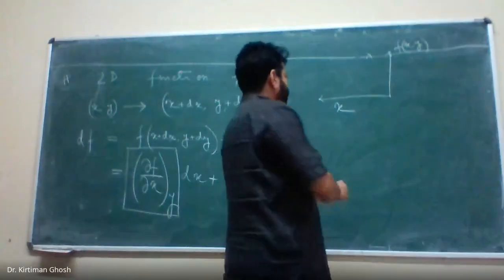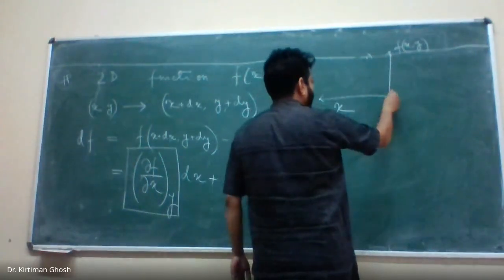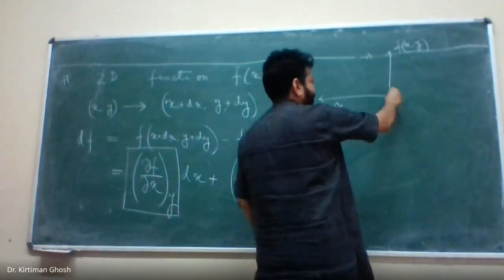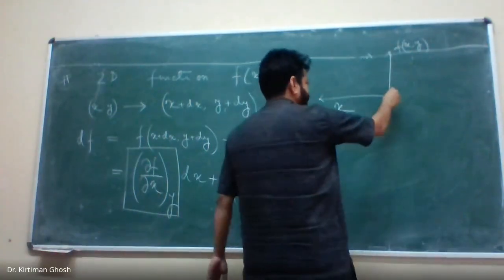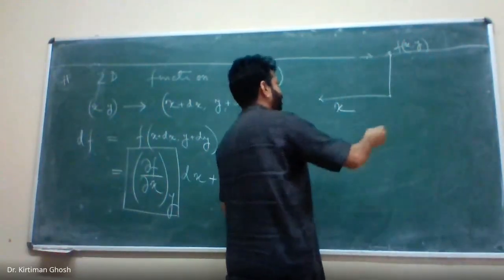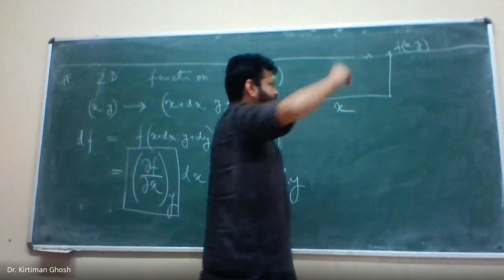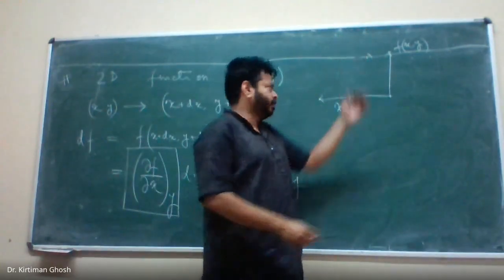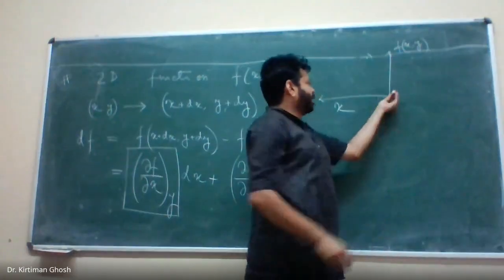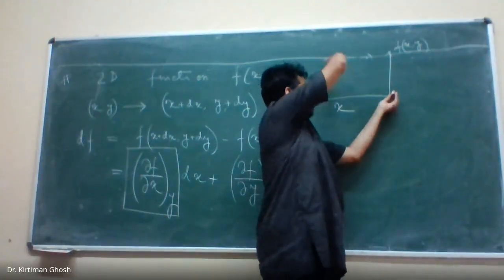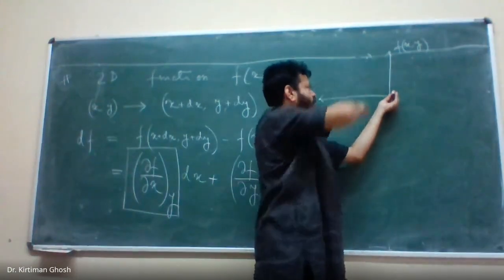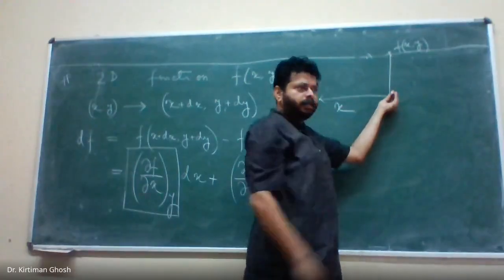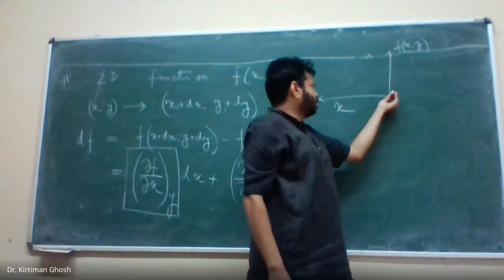This is perpendicular to this axis. It's coming out of this plane. Now f(x, y) in this three-dimensional space will be represented by a surface on this three-dimensional coordinate system.